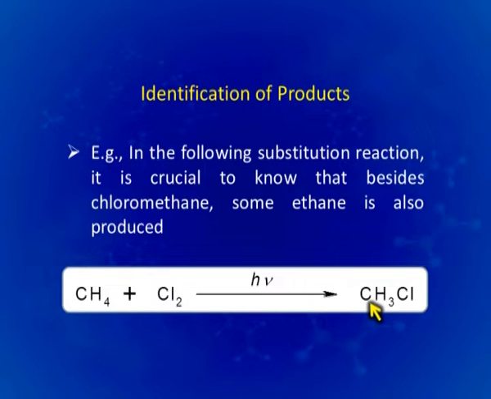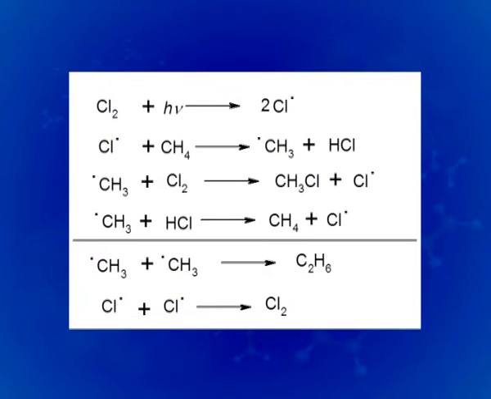But when the mechanism of this particular reaction is studied, we come to a conclusion that it not only forms alkyl halides but also gives ethane as one of the products. Therefore, it becomes important to know that not only one product is getting formed, there is another product, and we have to ascertain the proportion in which both the products are formed, and this leads to the conclusion of the mechanism of this kind of a reaction.